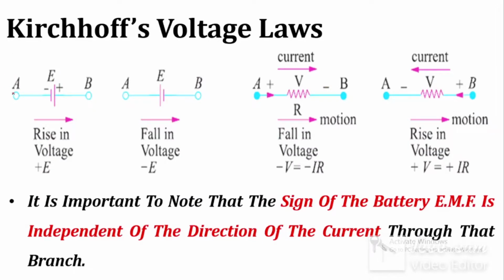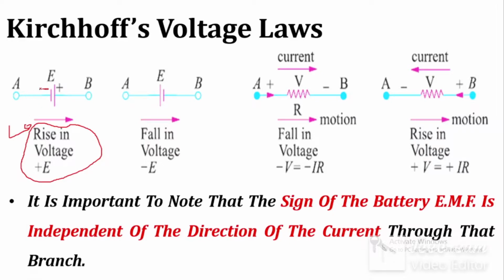You can see in this figure that the current direction is this. Current moves from plus to minus; we already learned about this potential rise and potential drop in our past lecture. If you have not seen that video, then please see that video first and then come back to this one.